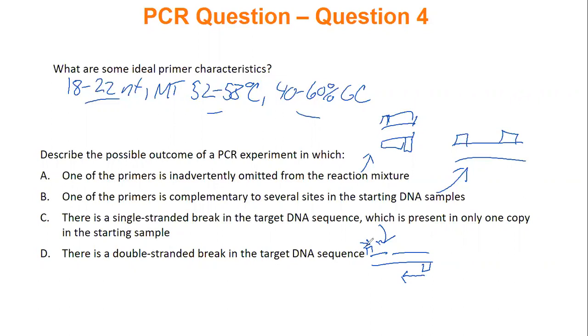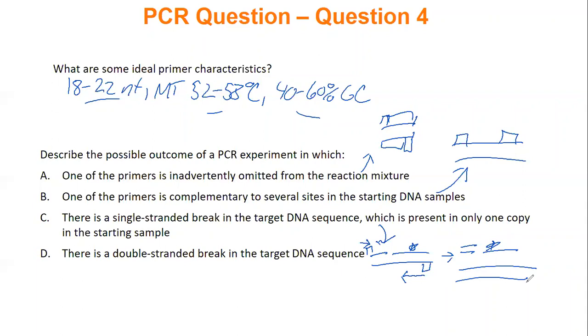After one round of PCR, you would get this back. You would make a duplicate of where that break was. You would still have a single strand of DNA that corresponds to that. However, your bottom strand would be able to make a whole sequence of DNA no problem, right?